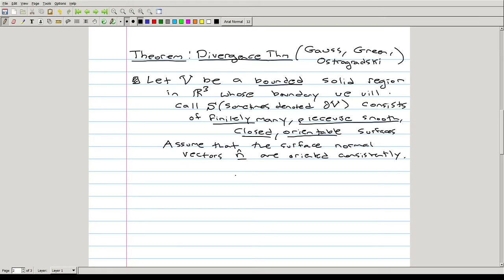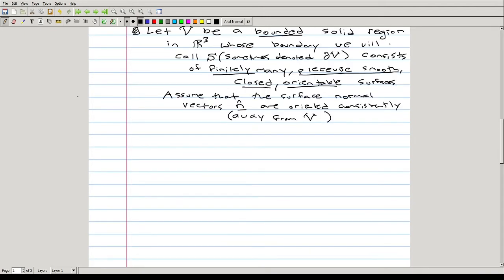And typically we take this to be away from V. But we need this to be true. And you can alter the theorem if you want the flux in, but the idea is that the divergence theorem is for flux out of a surface. And because it's an orientable surface, we can always do this.